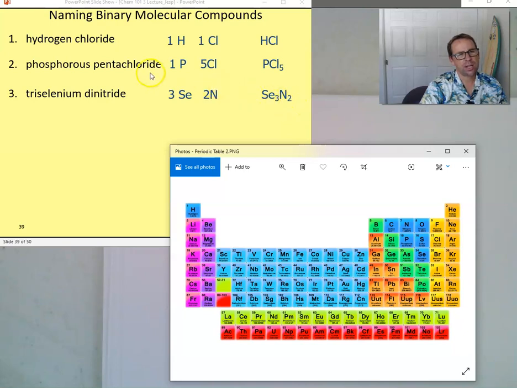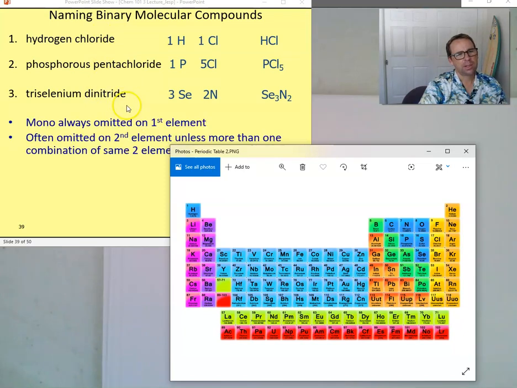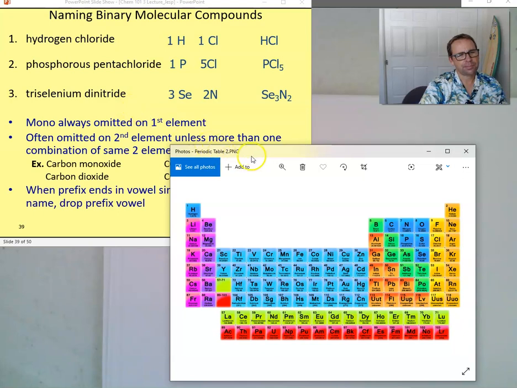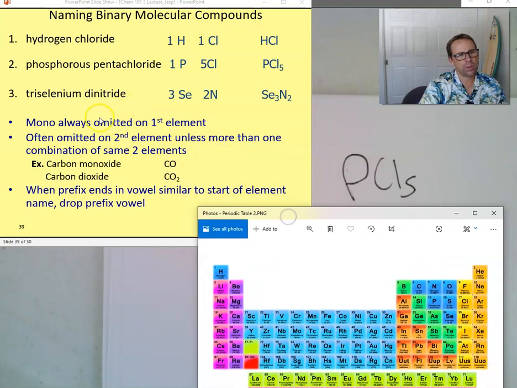Se3N2. Now, just like in sodium chloride, the last element always goes to ide. Chloride, nitride. Okay? So mono, we don't use mono usually on the first element.